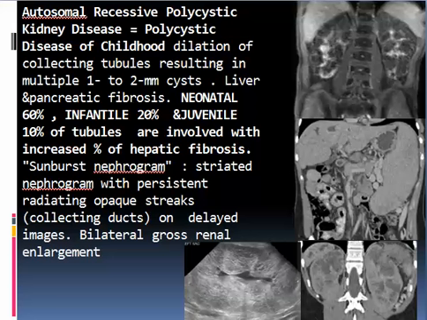We can find in infancy the sunburst nephrogram, a striated nephrogram with persistent radiating opaque streaks of the collecting ducts filled with contrast on delayed images, and the kidneys are much enlarged, so bilateral markedly enlarged kidneys with streaky parenchyma due to contrast filling the collecting system, or fluid filling the collecting system, as in MRI.